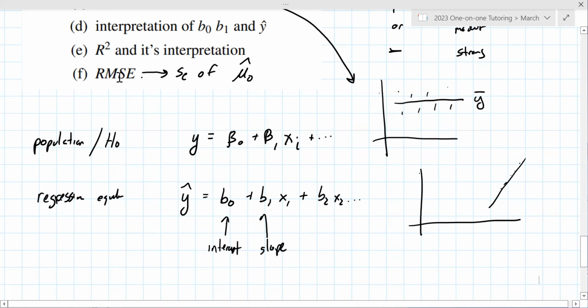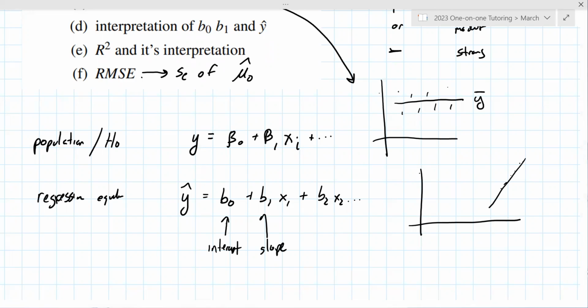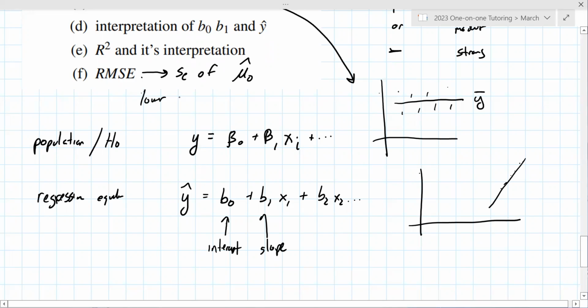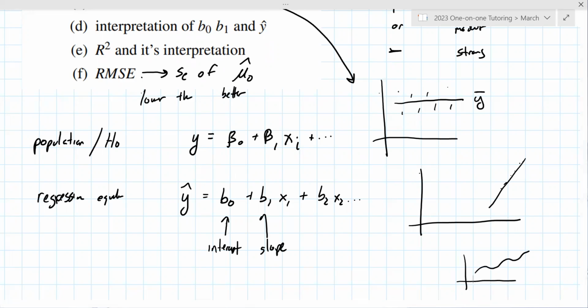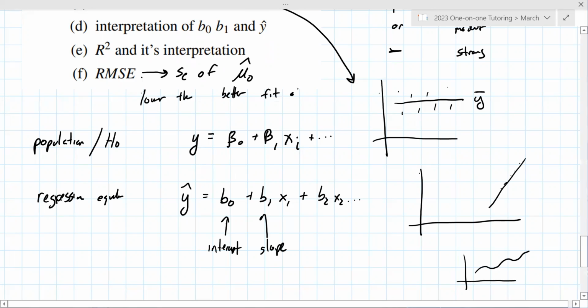Regression is one of them. There are other types of modeling, and this is a way to compare between models. So the lower is the better. You're probably not going to do any of that in this course, but there are seasonal trends which go up and down like that, and other types of modeling, and you may want to compare between them. The lower is a better fit of the model to the data.